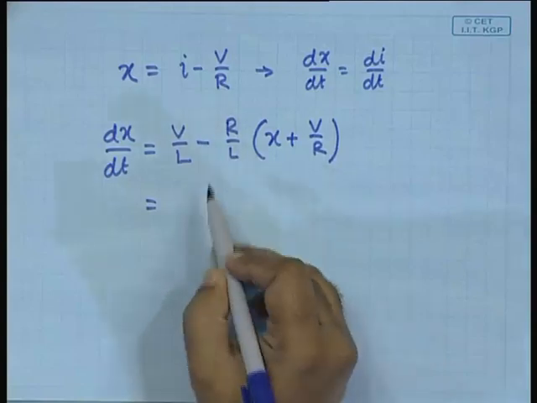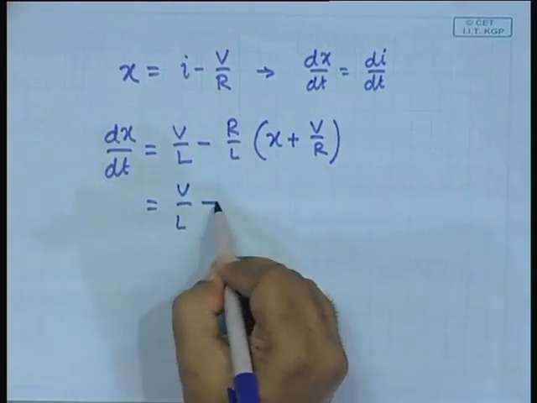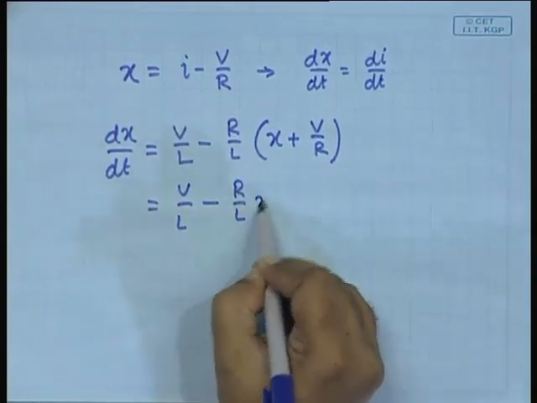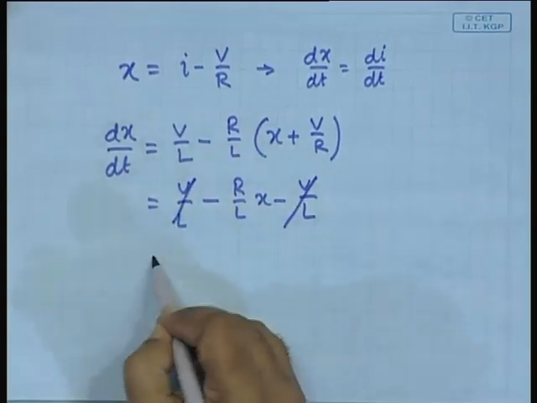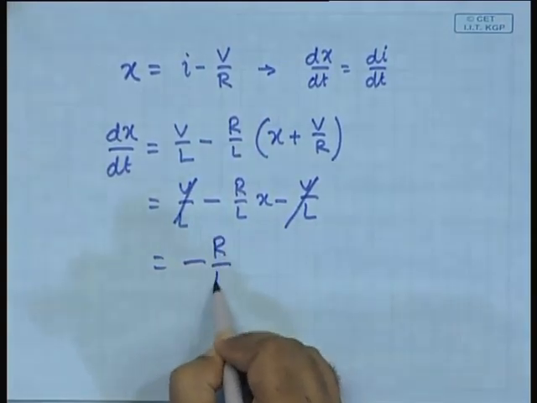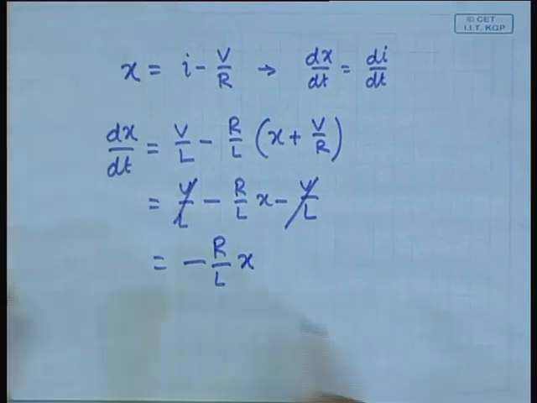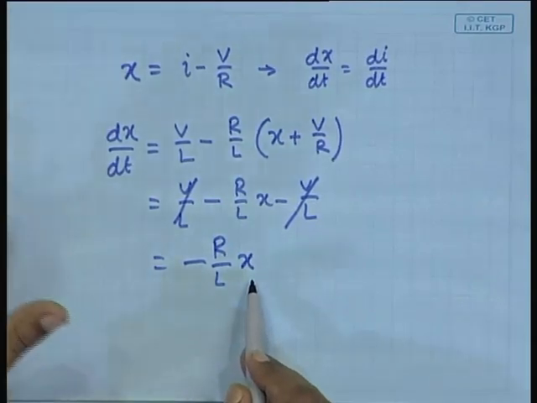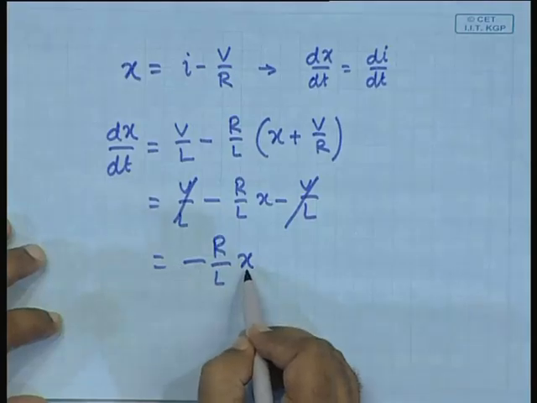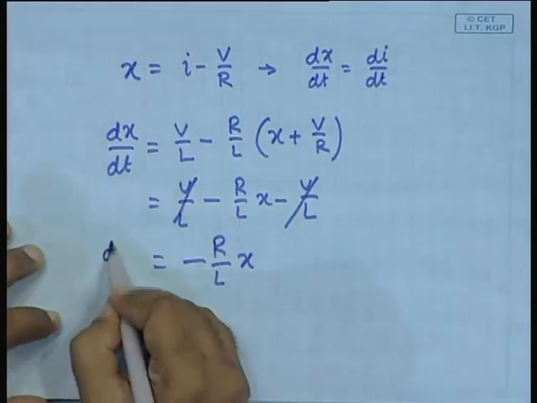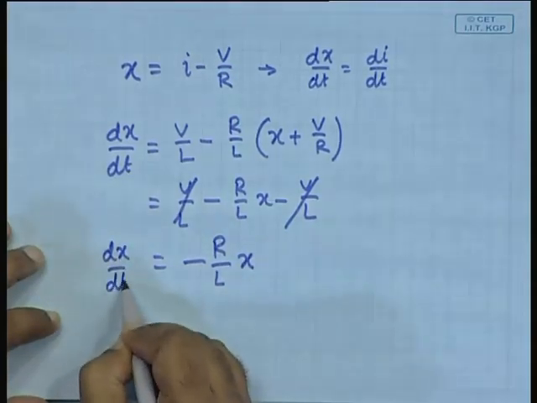You can see that v by L minus r by L x minus v by L is equal to minus r by L x. So, the equation is simply x dot is equal to something times x. So, dx dt is this.